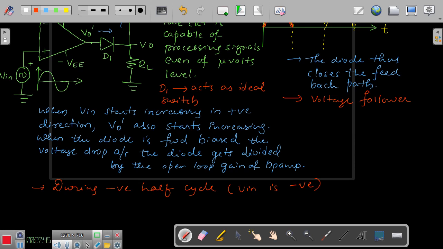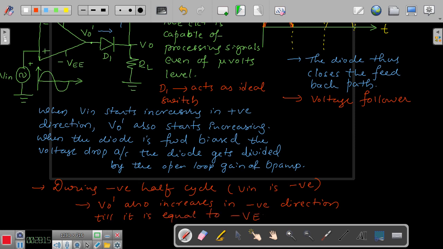During the negative half cycle, your V0 dash also increases in the negative direction. How long will it increase? Till it is equal to minus VEE. This is the switching that is taking place between plus VCC and minus VEE.